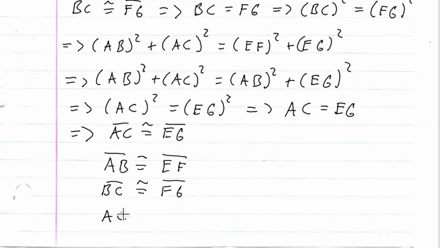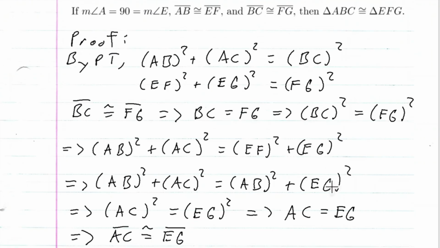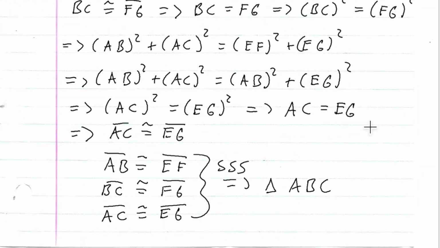So by the side-side-side congruency postulate, I know that triangle ABC would be congruent to triangle EFG, right?